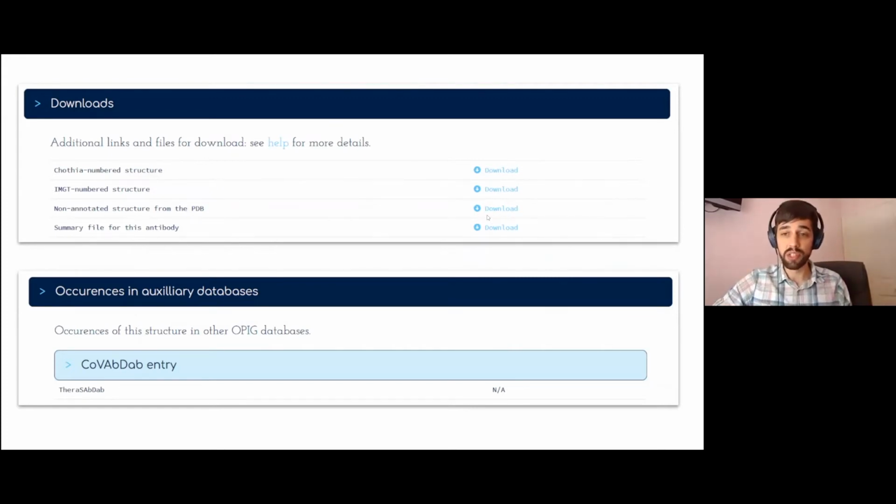And a nice new feature of our database is that it talks to all of our other databases. So it automatically detects, if you're just searching on SAbDab itself, if this is a sequence match for something that's in our coronavirus antibody database. So you can do the sort of inverse of what I'm going to do, which is hunting through CoV-AbDab to link to SAbDab. You could do the inverse of this very easily as well.